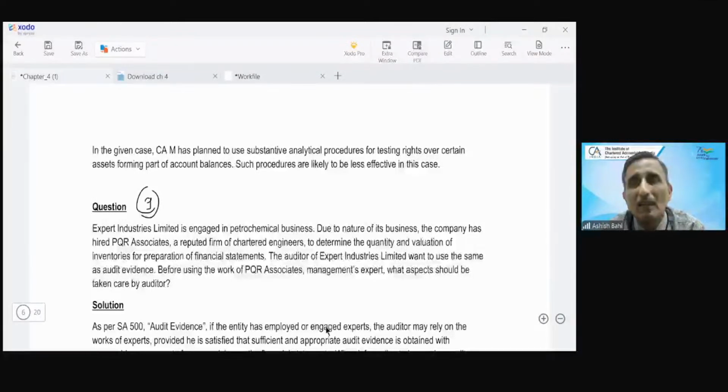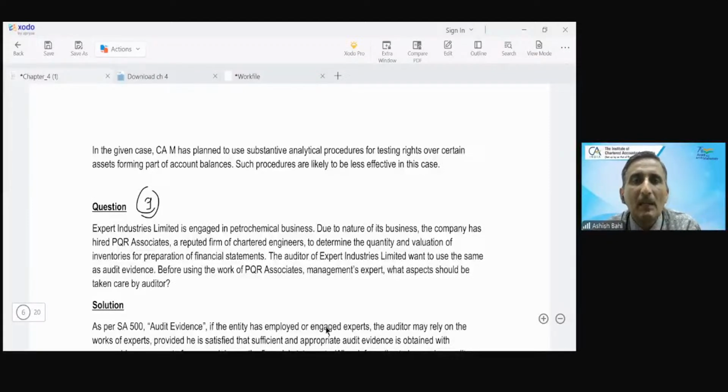Because the petrochemical business is quite technical in nature, proper determination of inventory and its valuation could be a very cumbersome task. So the auditor of Expert Industries Limited wants to use the same as audit evidence.